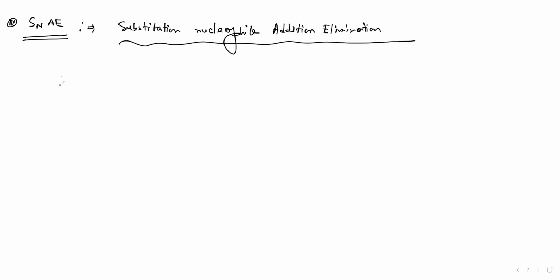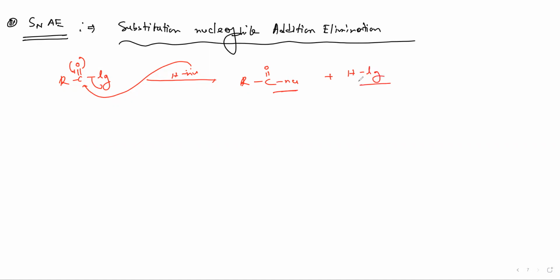Now in this case, how can I write RC double bonded O LG, leaving group, H NU? This nucleophile attacked here, this one closes, this one here, this one removed. So we can write R C double bonded O NU. Is it clear? And the other stuff, that means HLG will be removed.